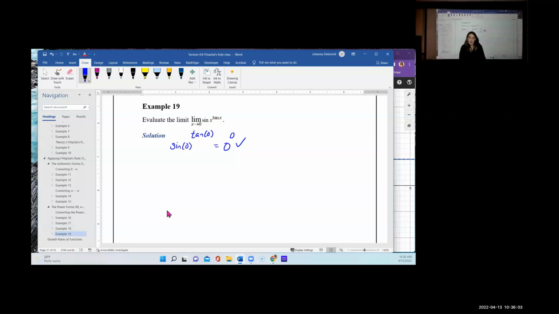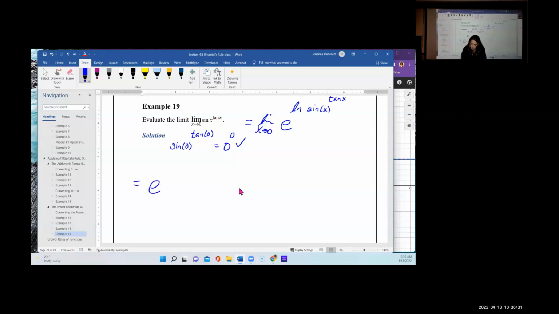Now I'm going to apply the e to the natural log technique. So I have the limit as x goes to 0 of base e to the natural log of sine of x, all raised to the tangent of x power. Then I'm going to use the logarithmic properties to bring tangent to the front, and I'm going to pull the limit up into the power.